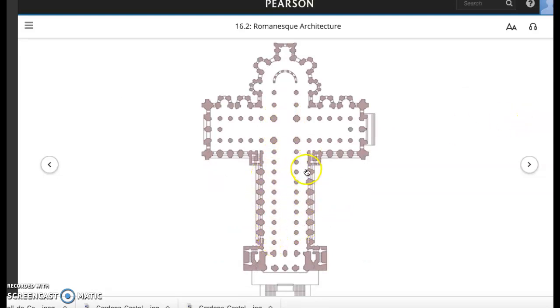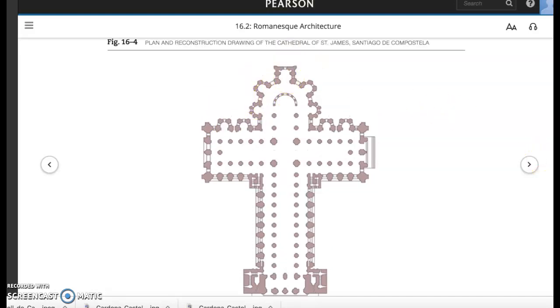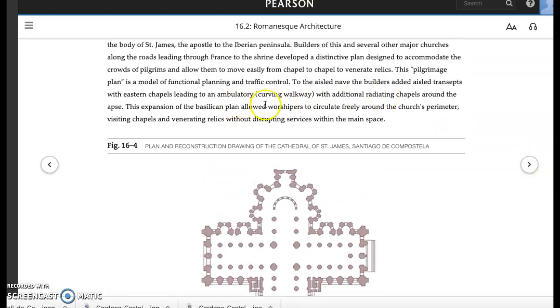But now those aisles continue around the transept arms. So you have essentially side walkways to move along the transept. And as those transept aisles continue, they lead you to those radiating chapels. These are called radiating chapels that are off the apse. They mention here that these are Eastern chapels.